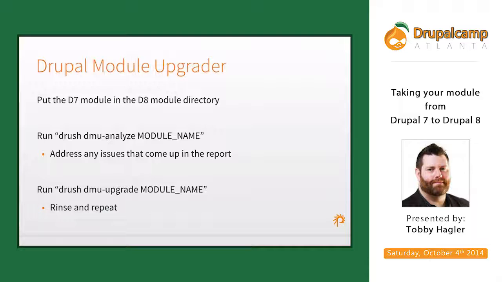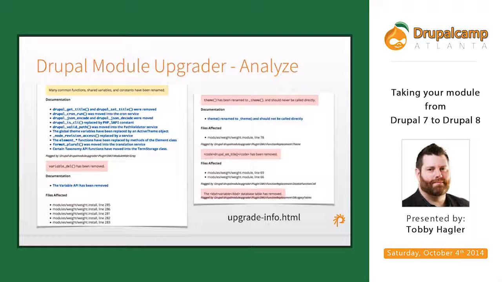And then finally, if you've addressed everything in that report and you don't see anything really bad, then you can roll the dice and run drush dmu-upgrade, and then make some changes and run it again, make some changes, and hopefully you can get something that halfway works in Drupal 8 without doing a whole lot of work yourself.